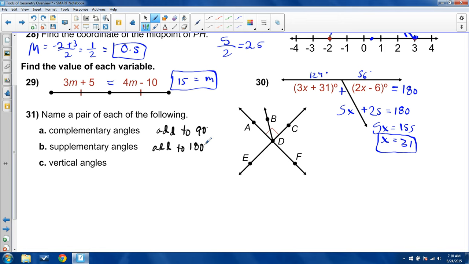And vertical angles, they're congruent, but it's not just all different congruent angles. It's angles that face opposite each other, from two opposite rays.